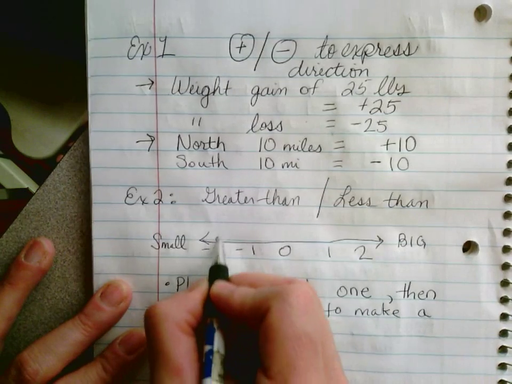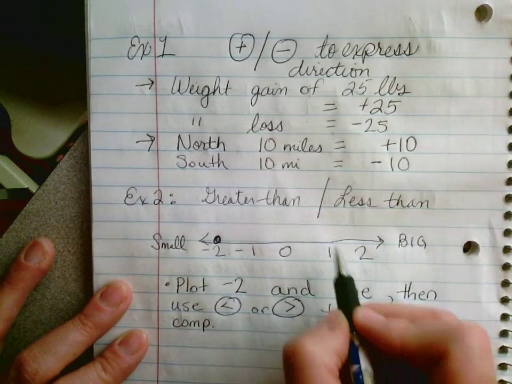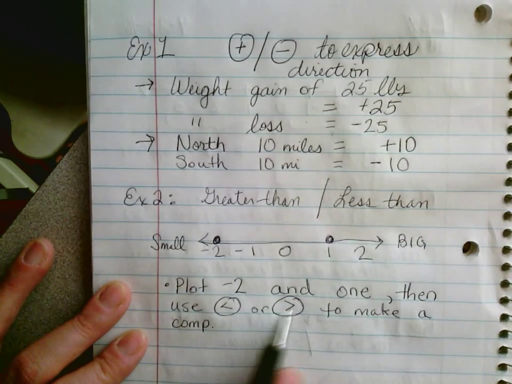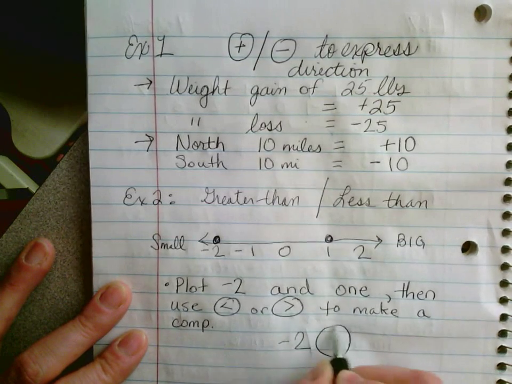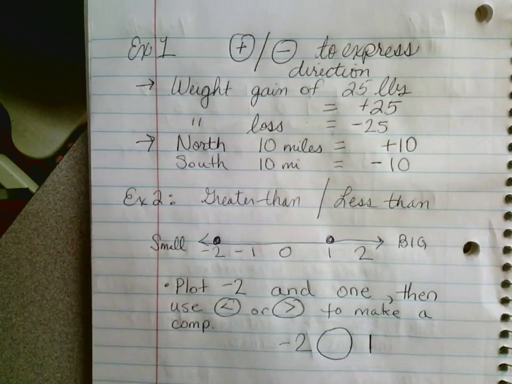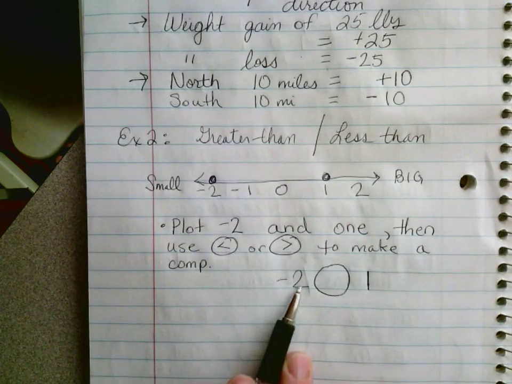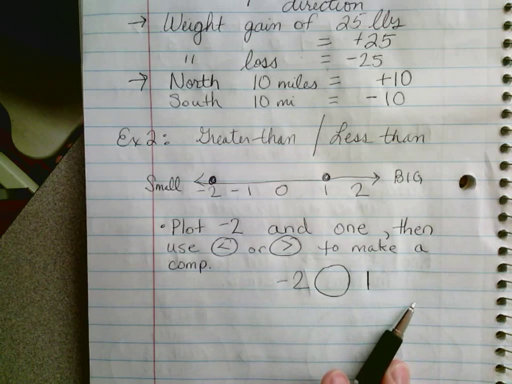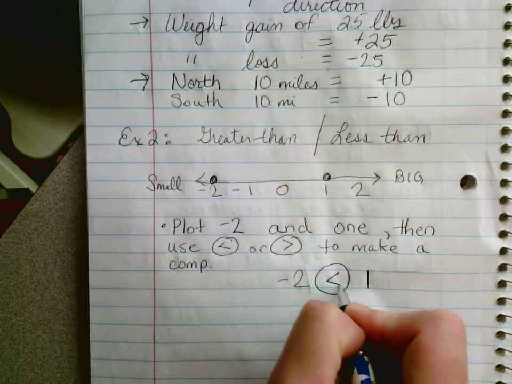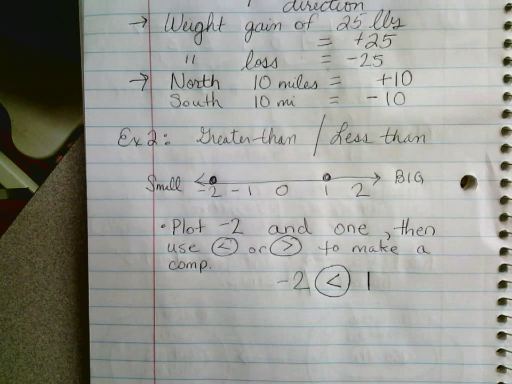So I would say, well, here's -2, here's 1. Okay, these two objects, -2 compared to 1. Is -2, you always go from left to right. Is -2 less than 1 or greater than? That's how you would fill that in.